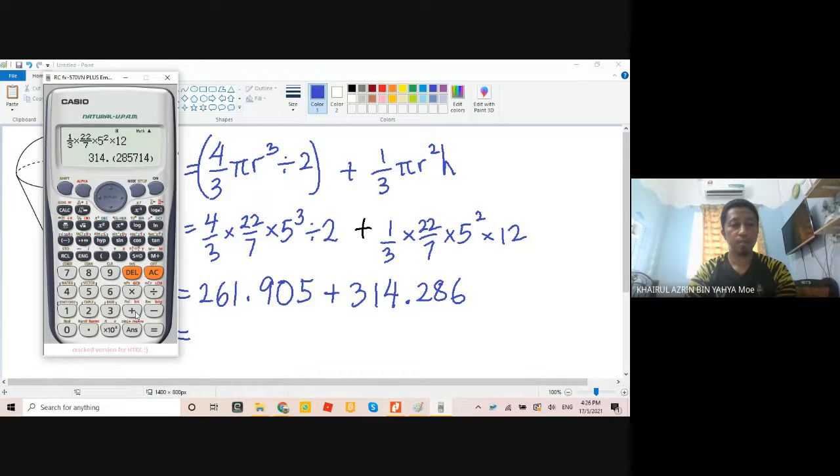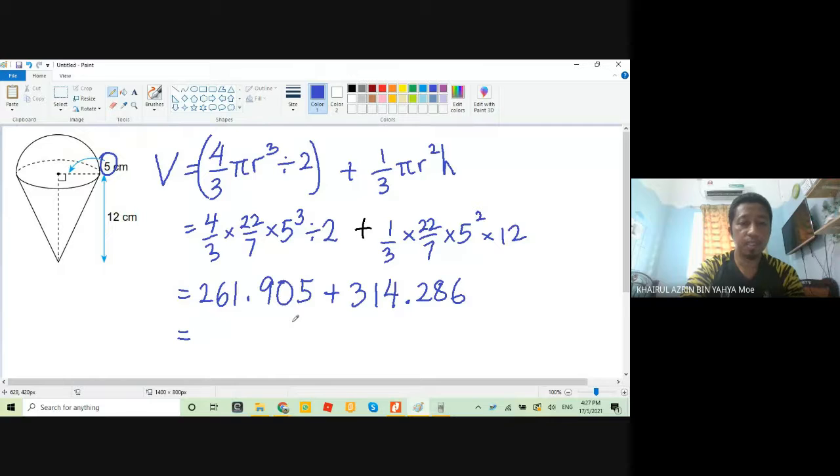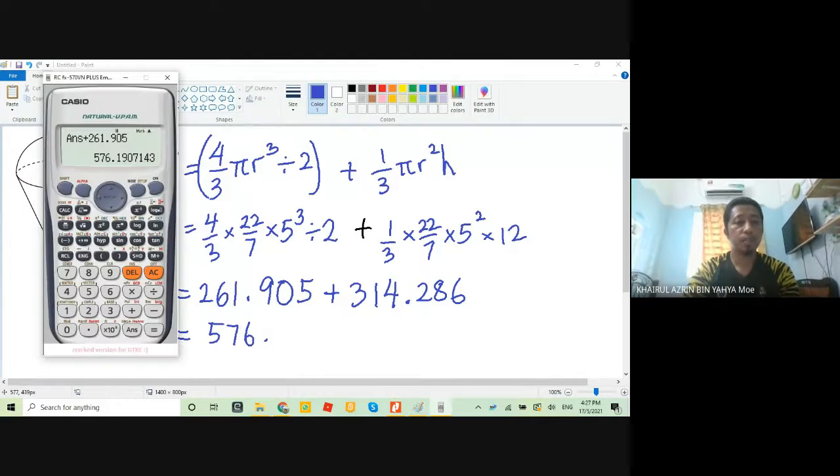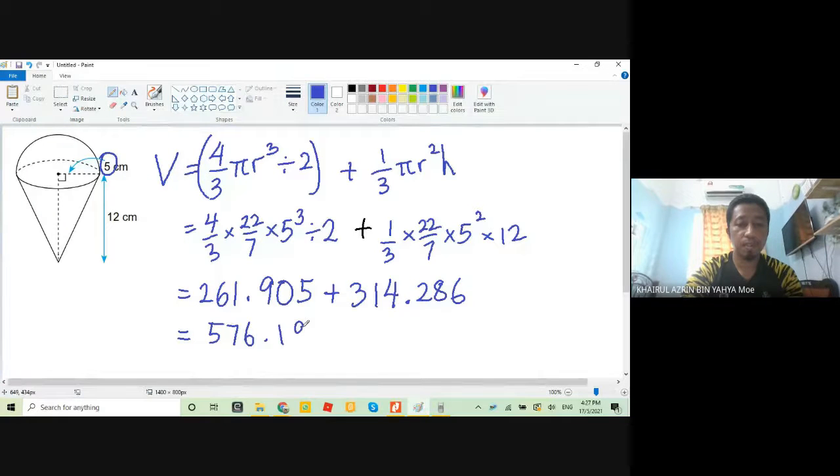So plus 261.905. The answer we write in 2 decimal places only, so 576.19, correct to 2 decimal places only. 576.19.